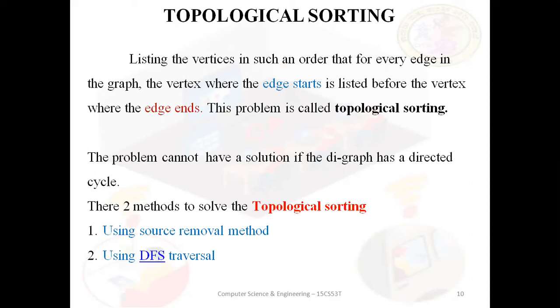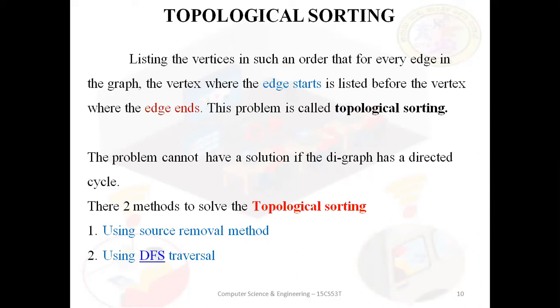As you have all gone through the DFS traversals in the earlier sessions, and even the source removal method just before this session, I hope you have all understood the source removal method.